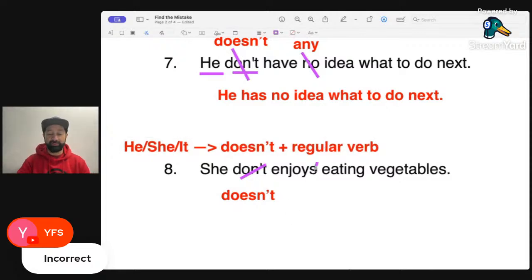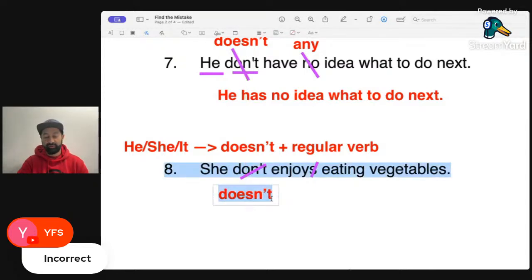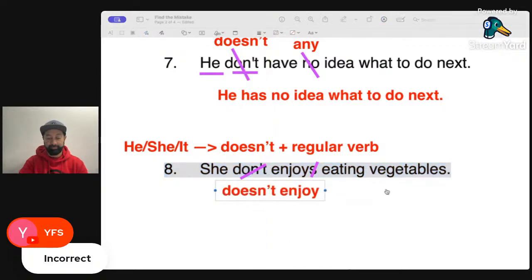So we need to remove the S. So doesn't enjoy would be my answer. And YFS, you answered that perfectly.